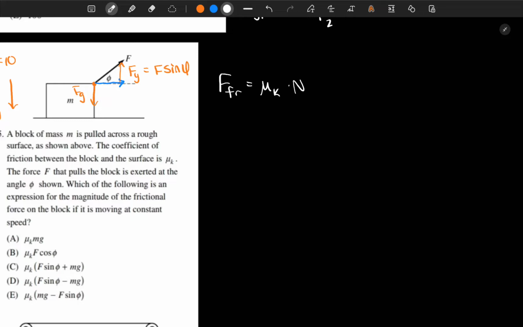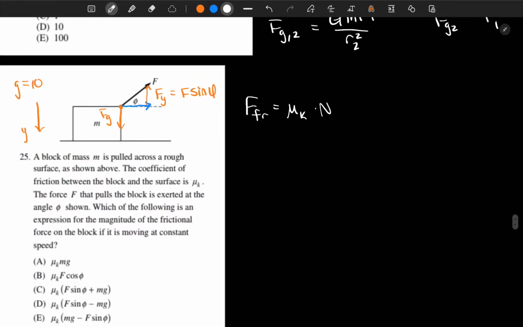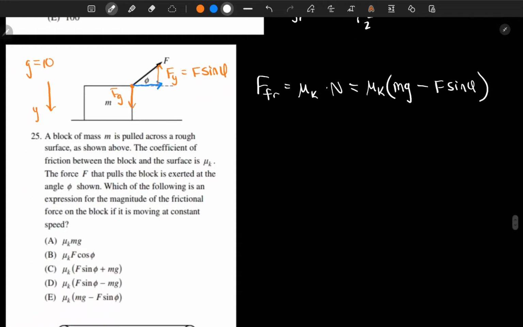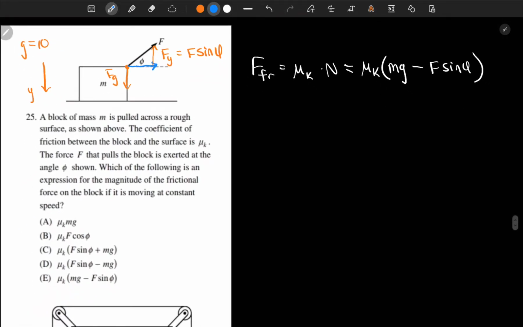Here, it's a sum of two forces, and assuming that the down direction is positive, we have that the frictional force is equal to mu k times, well, first we write the positive force, which here points down and is the gravitational force, and that's equal to mg. And then we subtract the force that points up, which is Fy. So we have minus F sine phi. So the answer here is E.